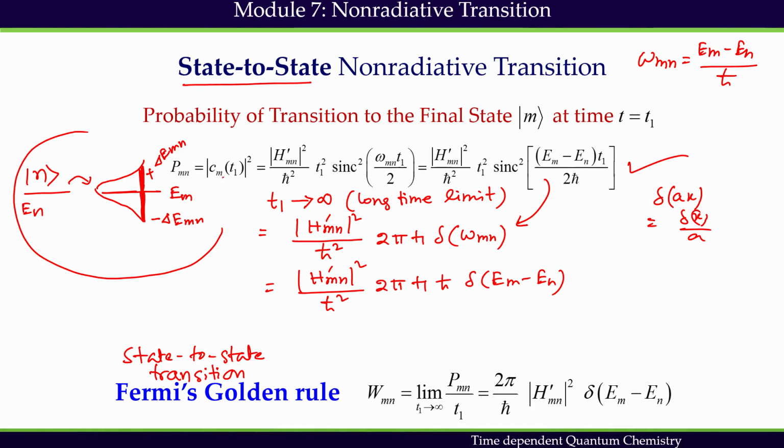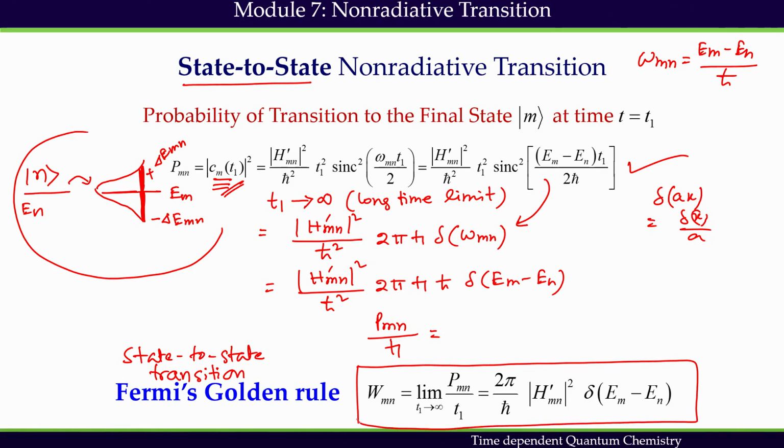So, this is the population at the mth state, and the rate of transition, if we try to find out the rate of transition, that is going to be P_mn divided by T1. That is nothing but this equation.